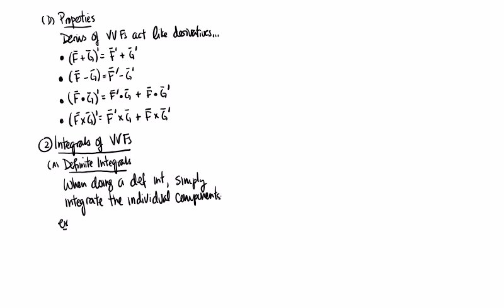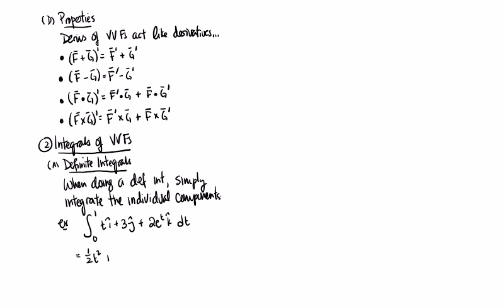So for example, if we were to do something like the integral from 0 to 1 of say t i plus 3j plus 2e to the t k, all you do is you integrate them independently.